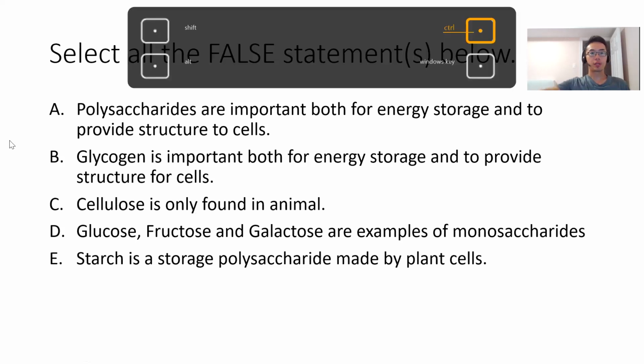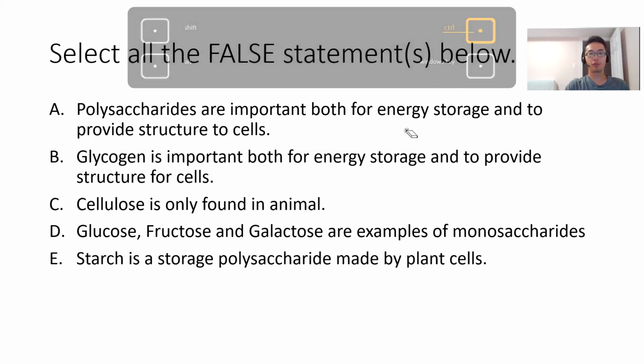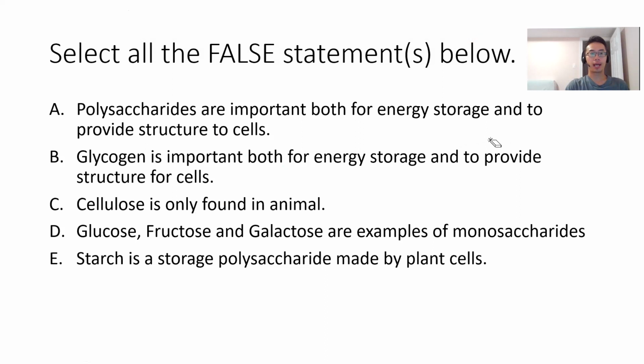So let's see. First one, polysaccharides are important both for energy storage and to provide structure for cells. So that is correct. Okay, we're looking for the false statements. Storage because like starch, right? And glycogen, and structure like cellulose and chitin. Glycogen is important for both energy storage and to provide structures for cells. That is not true because it doesn't provide structural support.